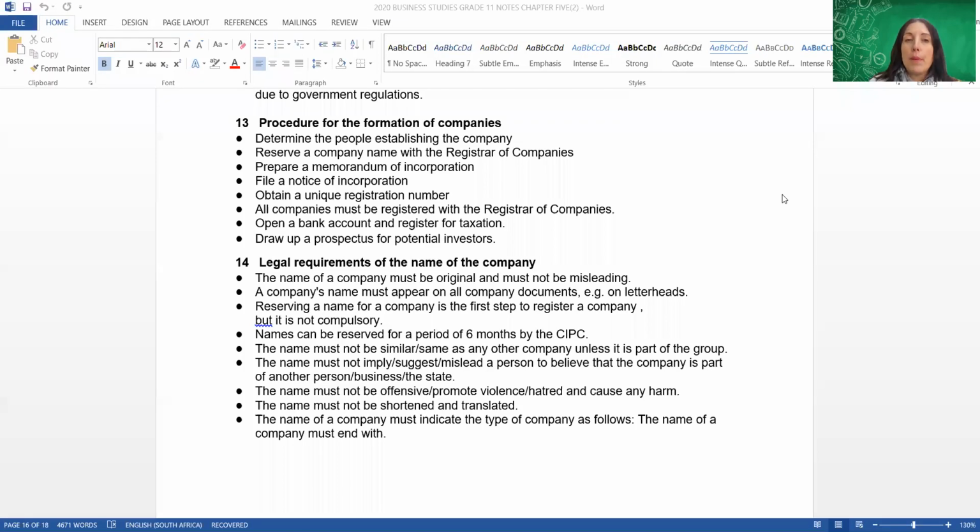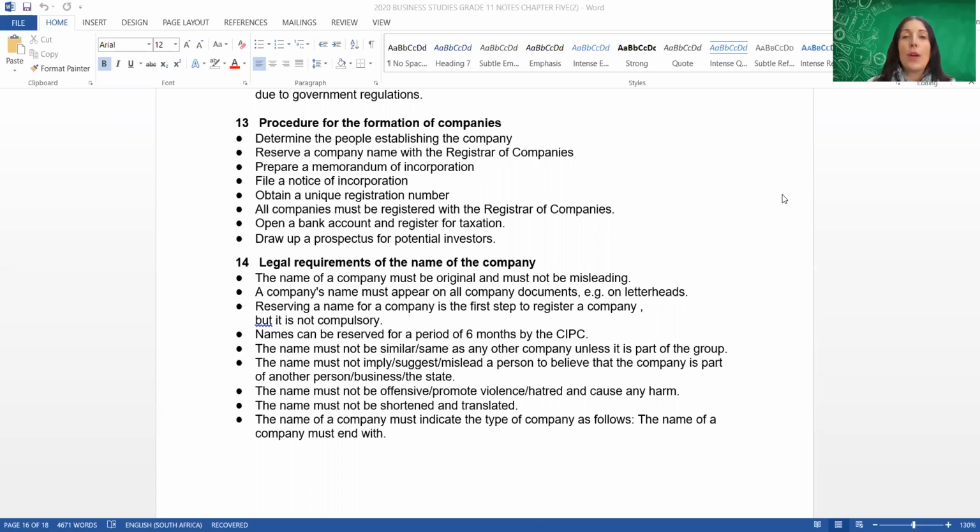Then we're going to look at these things a little bit more in depth on the next page, but we have to prepare a memorandum of incorporation. So incorporation means how we're going to start or float this company. And then you're going to file a notice of incorporation to say, okay, we want to start this company. You will also obtain a unique registration number, and that number is important that it is displayed on all formal documentation.